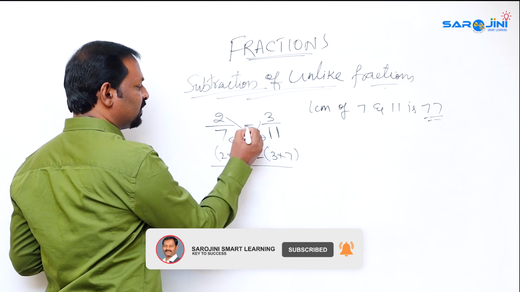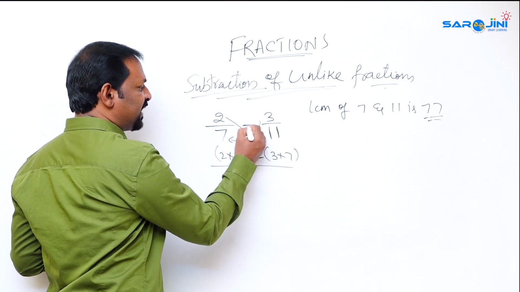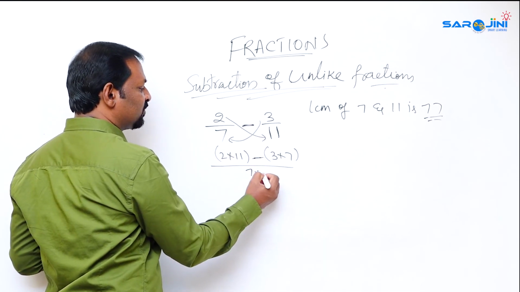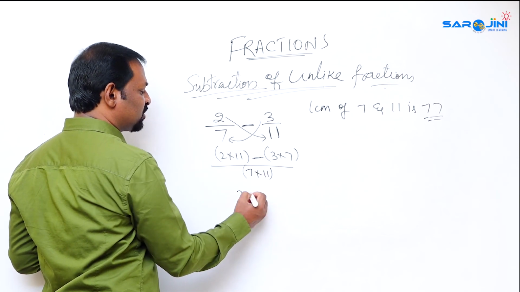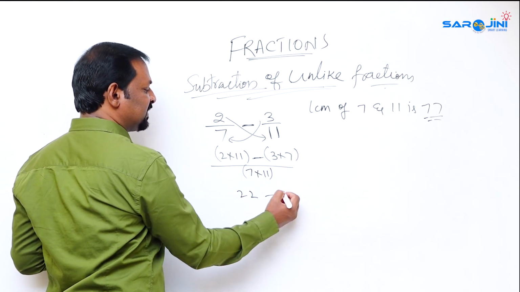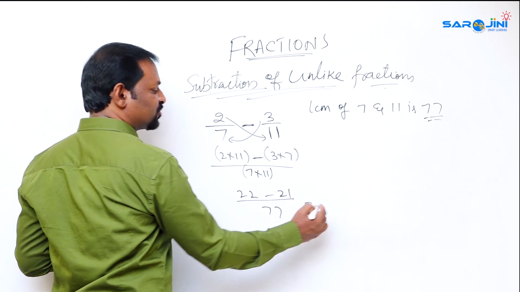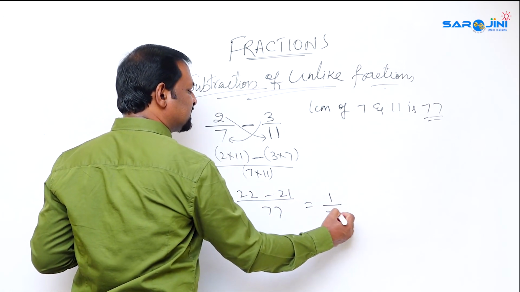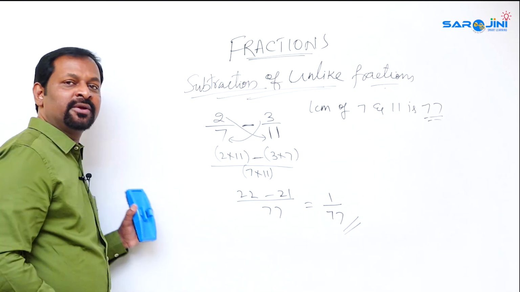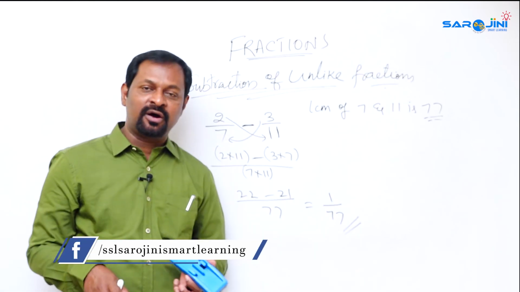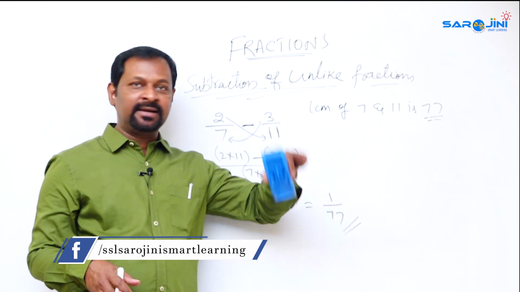Minus, because it is subtraction, divided by 7 into 11. So 2 11s are 22 minus 3 7s are 21 by 77, which is 1 by 77. In this format, you can do subtraction of like and unlike fractions also.